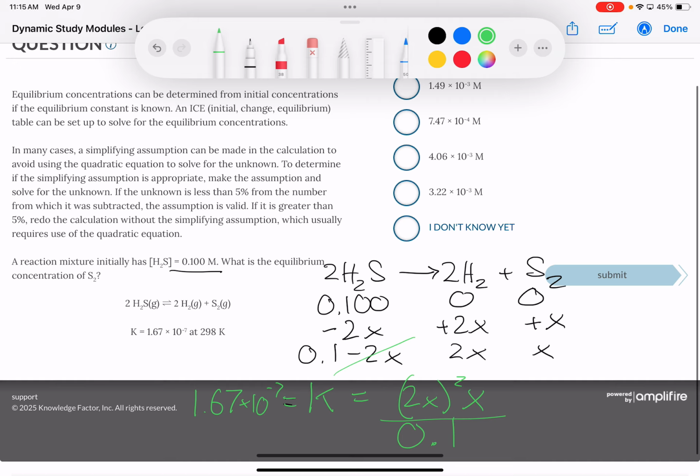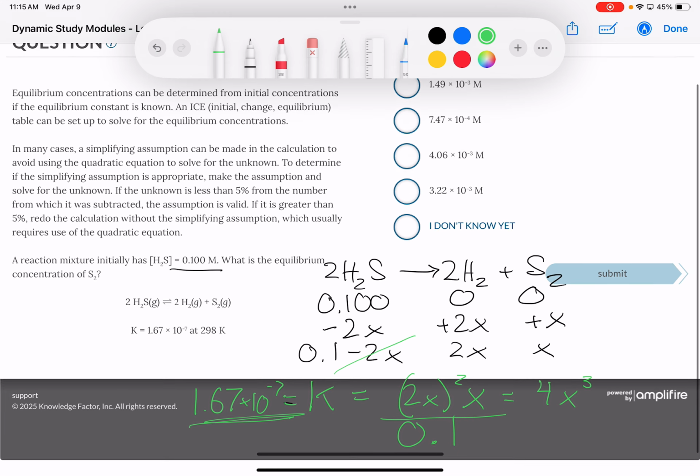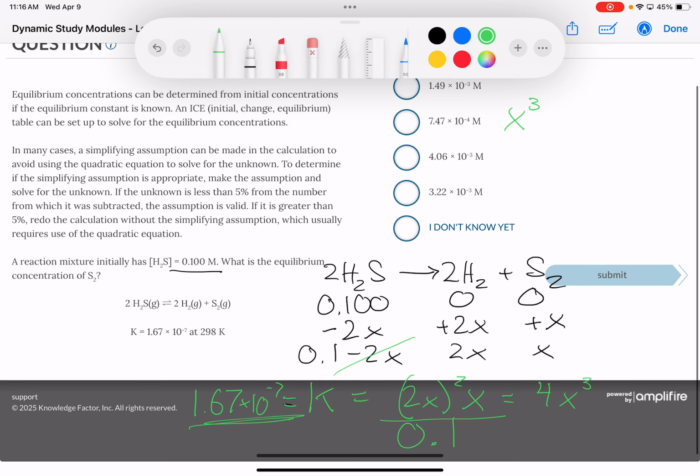Now this is going to be on top. This is equal to 4x cubed. So I'm taking K, multiplying both sides by 0.1 to get rid of it, and then I'm dividing both sides by 4 to get rid of that. So I get that x cubed is equal to 4.175 times 10 to the negative 9th.